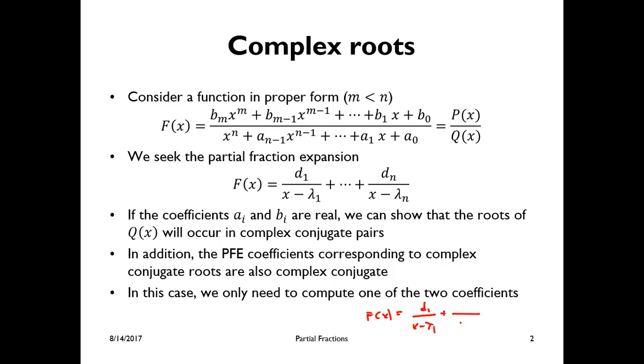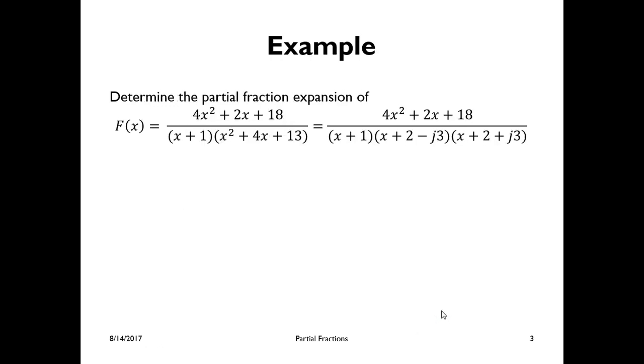Then, necessarily, we will also have a term involving x minus lambda 1 conjugate, and the corresponding coefficient will be d1 conjugate. So in fact, we really only need to compute one of these two coefficients because the other is going to be the conjugate.